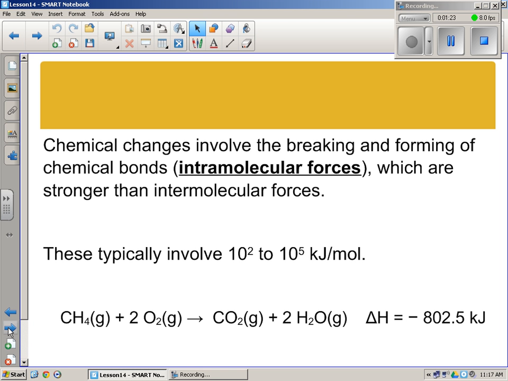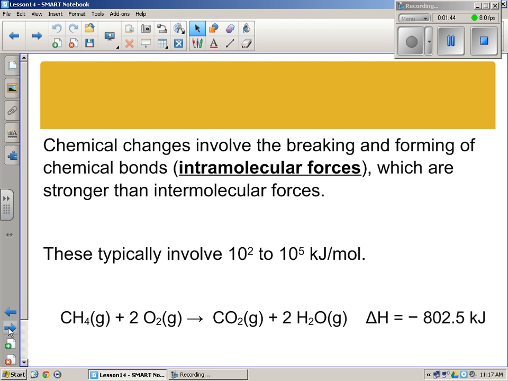If you're going to do an actual chemical reaction, for example, burn some butane or propane, we're going to combust it. Or if we're going to do formation or decomposition reactions, usually you're looking at about 100 to 10,000 kilojoules per mole of energy that's required or given off.